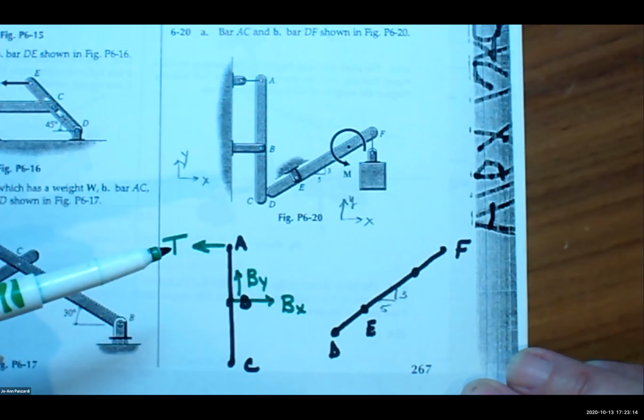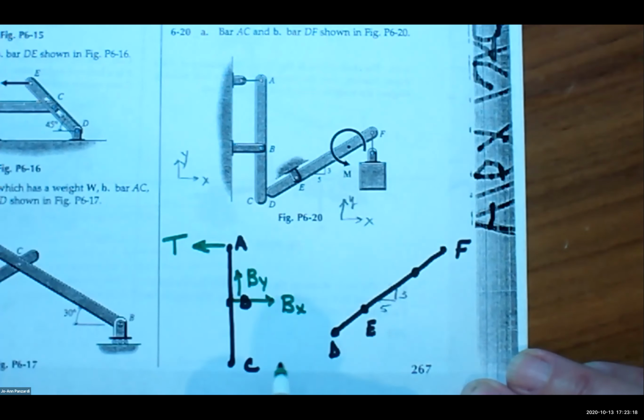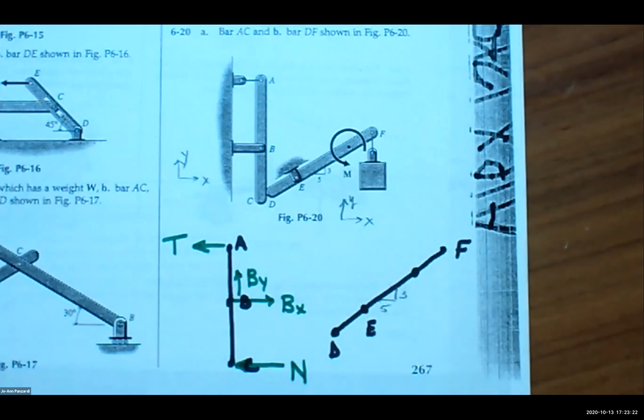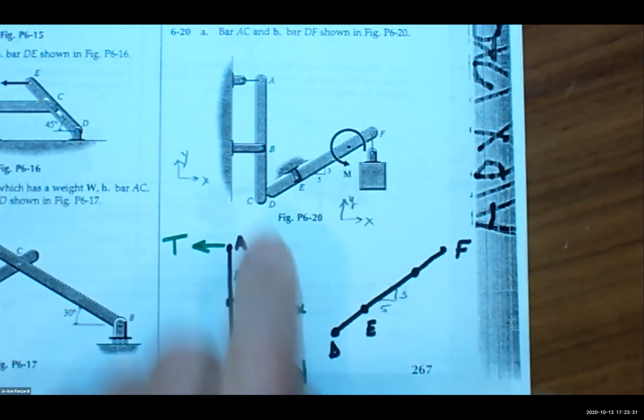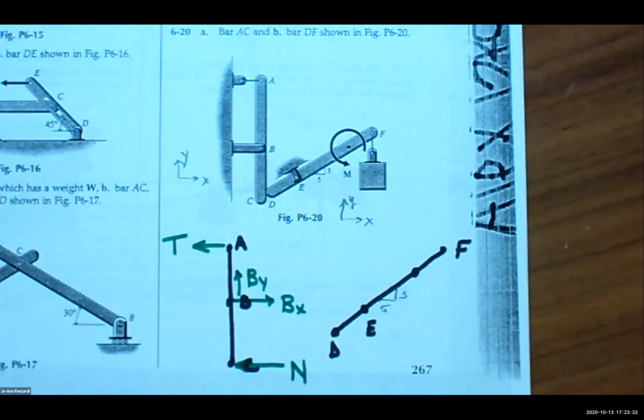A normal. Well, we could call it force from D, but no, we're calling it normal. I don't want to put any F's in here because I'm going to have to do some of the forces in the F later. It's a normal between C and D.